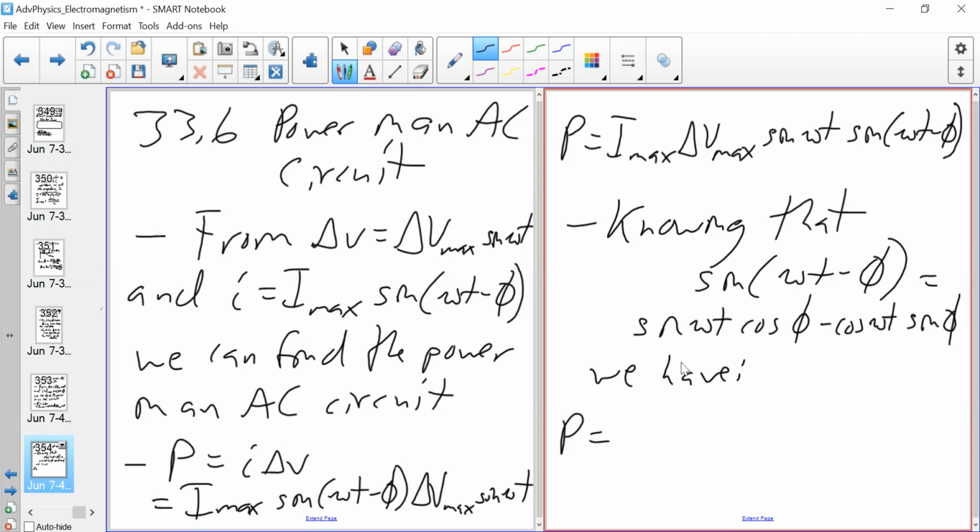The power, or maximum power, I max delta V max sine squared omega t cosine phi, because we're just manipulating this here.